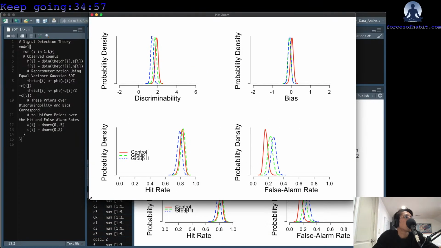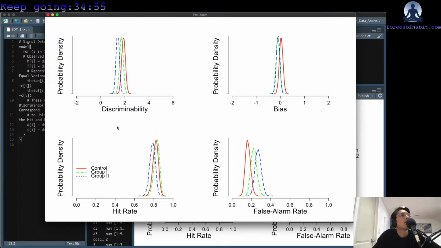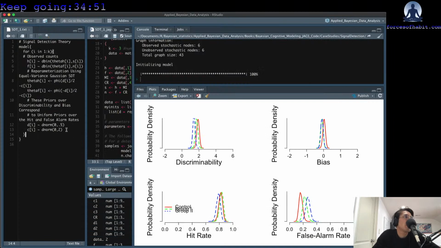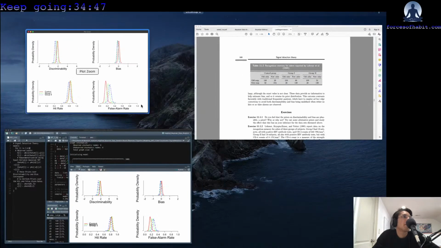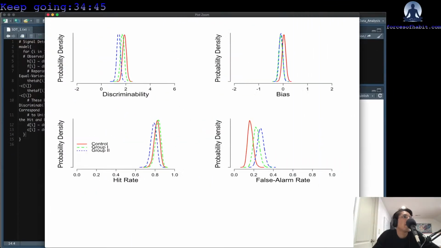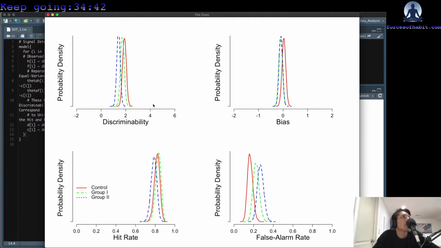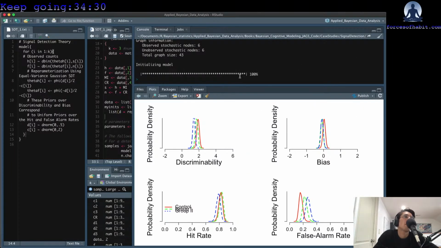And let's take a look at this. So we have a control group in red, and we're using the same priors as before. Control group in red. And then we're looking at the potential difference in discriminability with respect to a control group. So it doesn't look like there's any bias across any of the measurements in the sample.